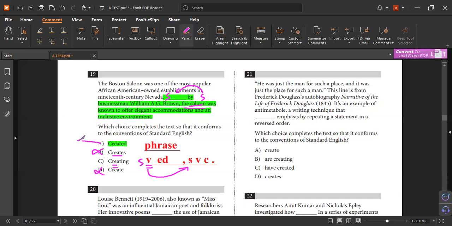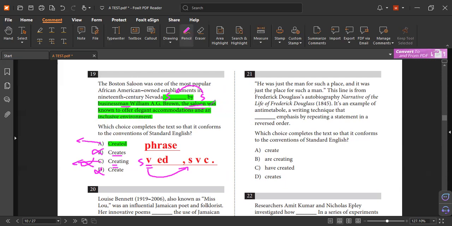Remember, this is a past participle phrase. Now ask yourself, the salon was creating? The salon was created by something else, by a businessman. It's passive, not active. So C is wrong. So A is correct.